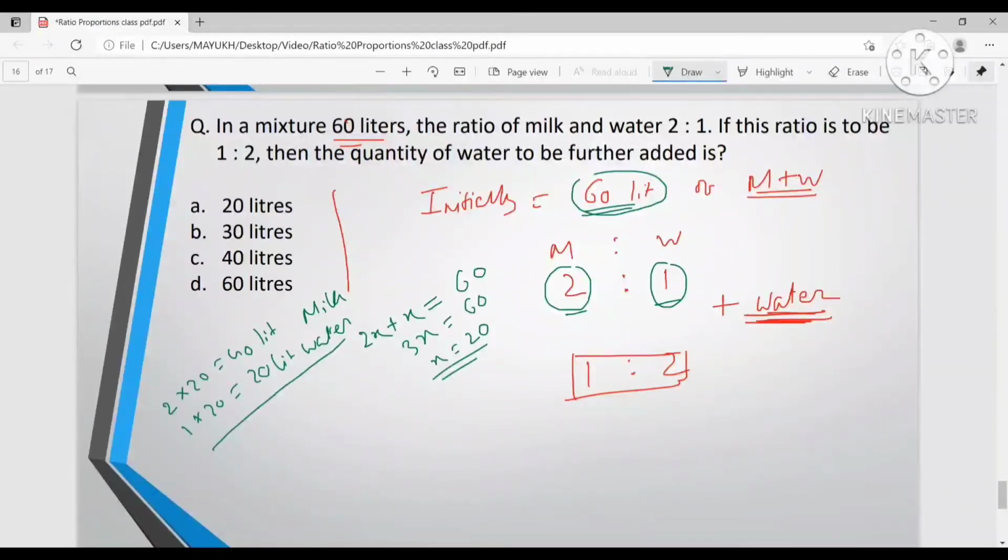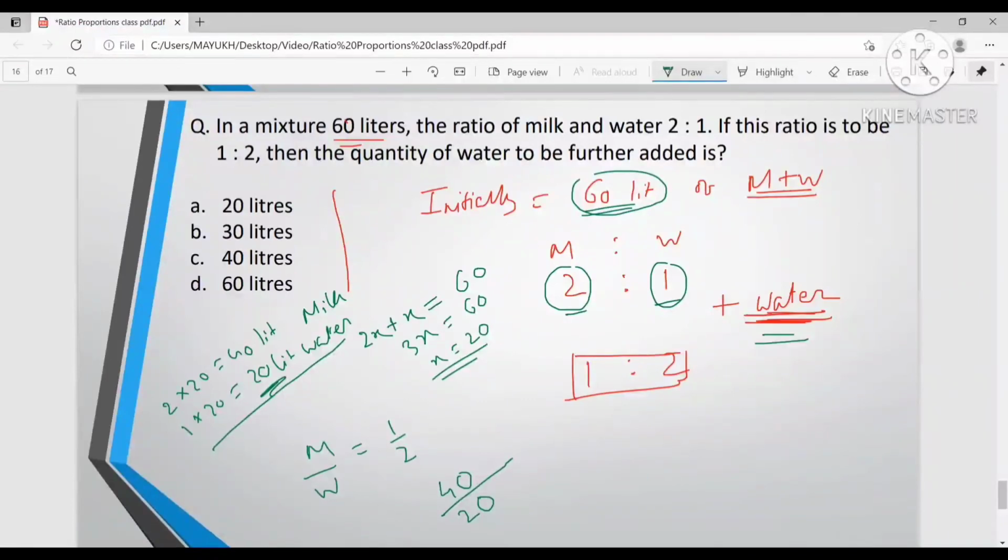Now comes the fun part. Now they're saying the ratio of milk to water became 1 is to 2 after he added this water. So my milk initially was 40 and my water was 20 liters.